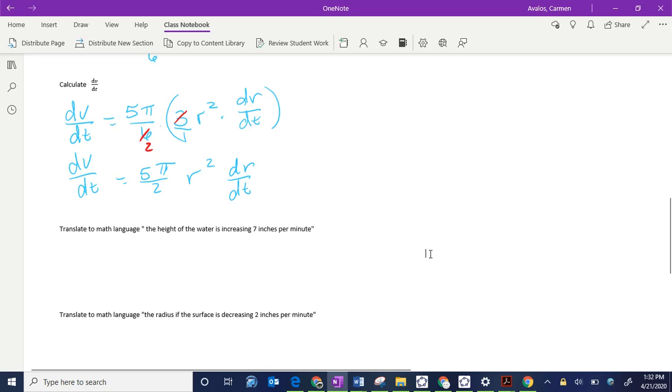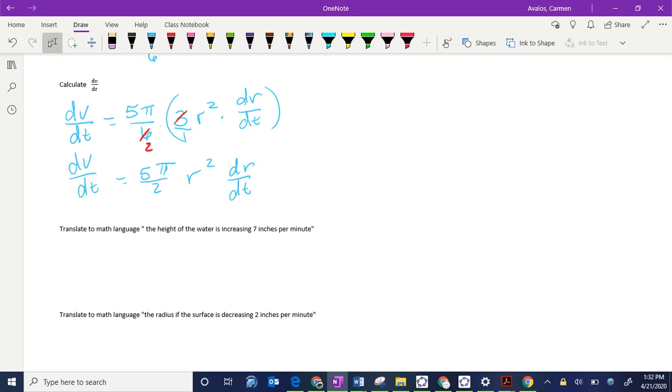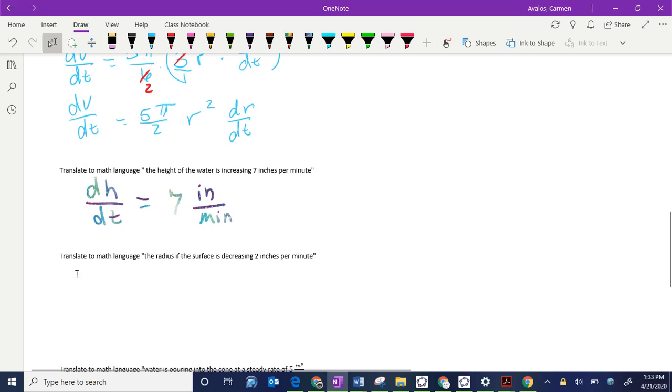So it's going to be dh dt, because it's always with respect to time, especially because they're giving us 7 inches per minute, which is your time, and it's increasing. So it's going to be a positive 7 inches per minute. So that's how you change that.